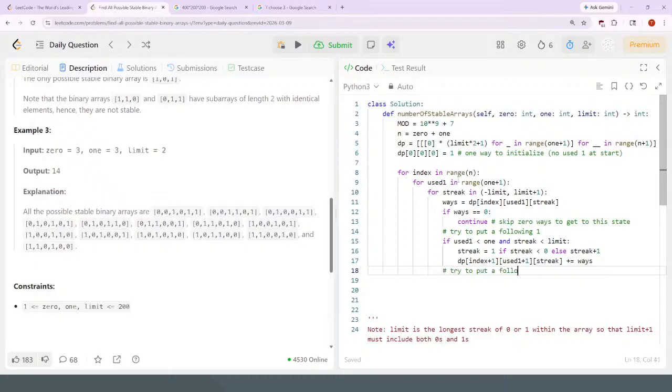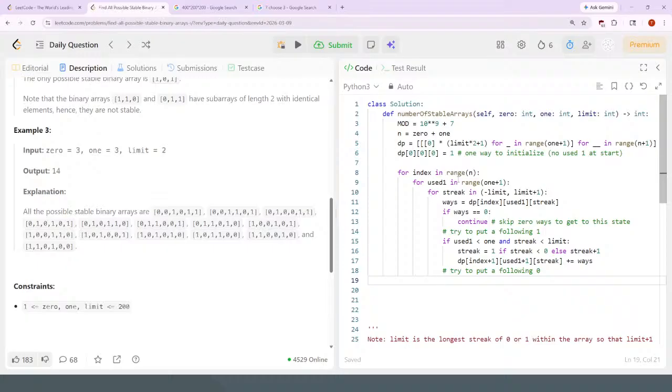Try to put a following 0. So if, yes, if the streak is spelling 0 would mean that the streak goes more negative.